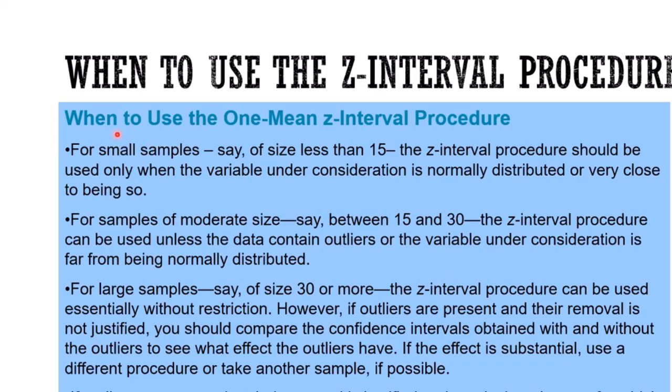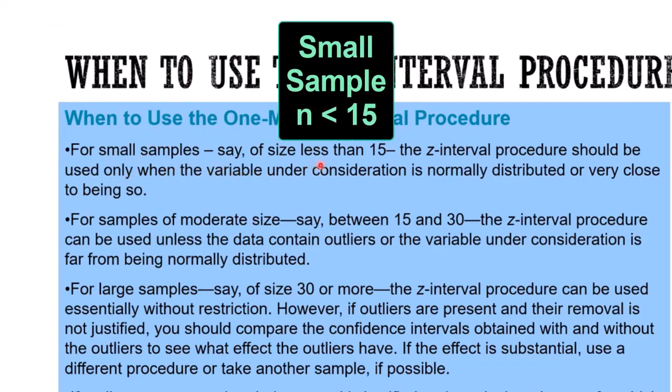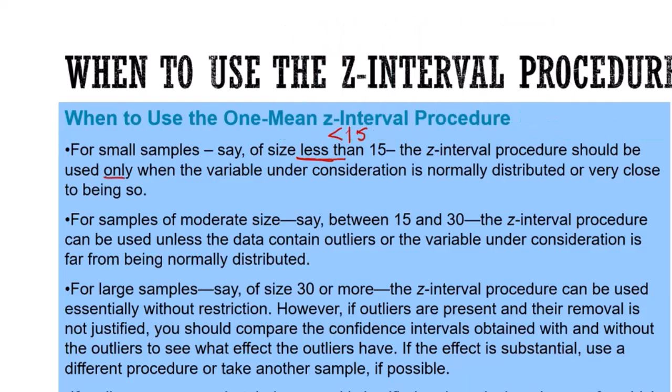So it says here for small samples, say of size less than 15, the z-interval procedure should be used only when the variable under consideration is normally distributed or very close to being so.